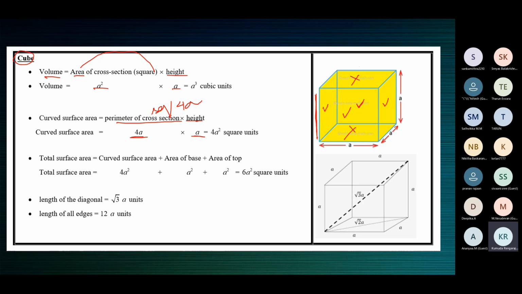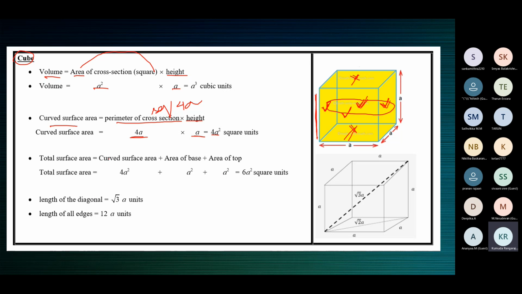This is the back face. This is the front face. These are the 2 side faces. This is the top face and this is the bottom face. The 4 side faces make the curved surface area. We know we have 4 faces, so 4a square.